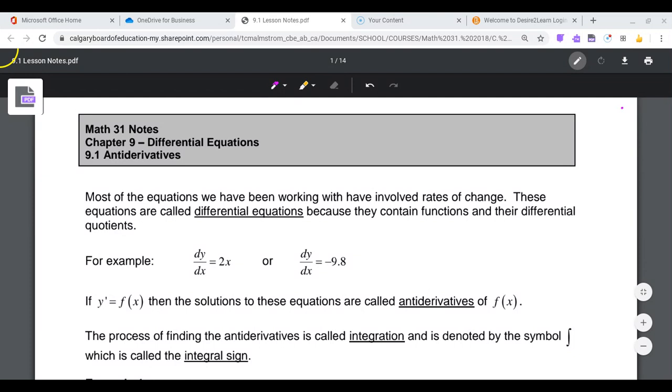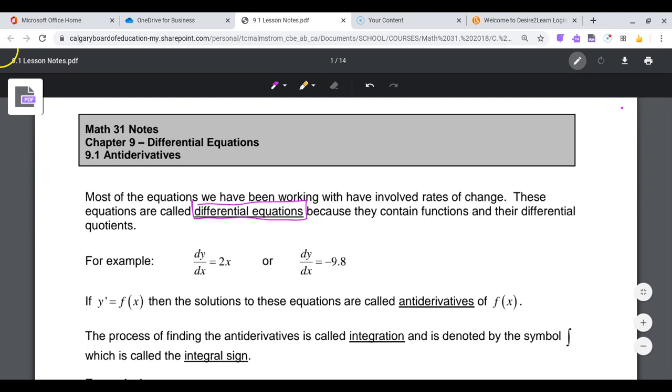And so we're going to be looking at differential equations and thinking through the opposite, taking the inverse, which is the antiderivative. So most of our equations have involved rates of change, and those equations are called differential equations because they contain functions and their differential quotients.